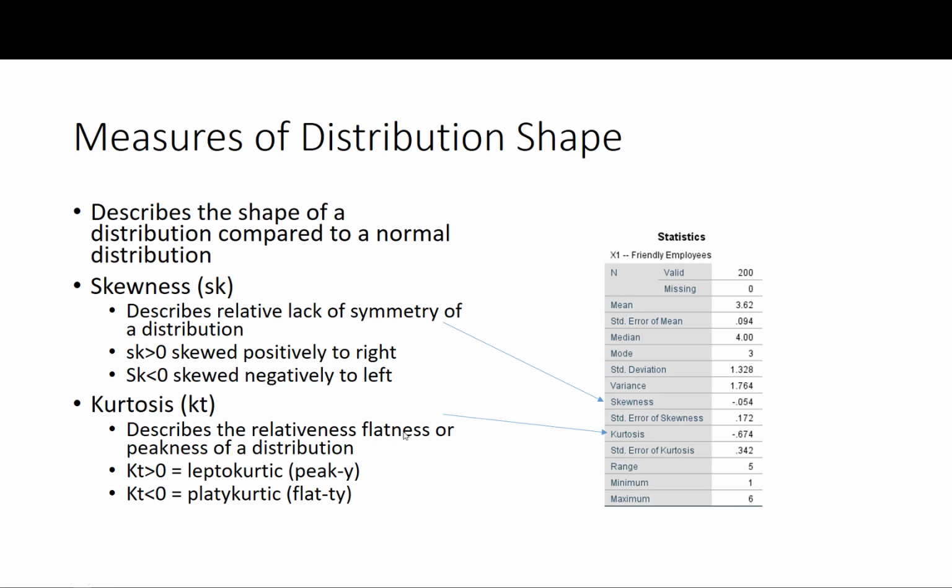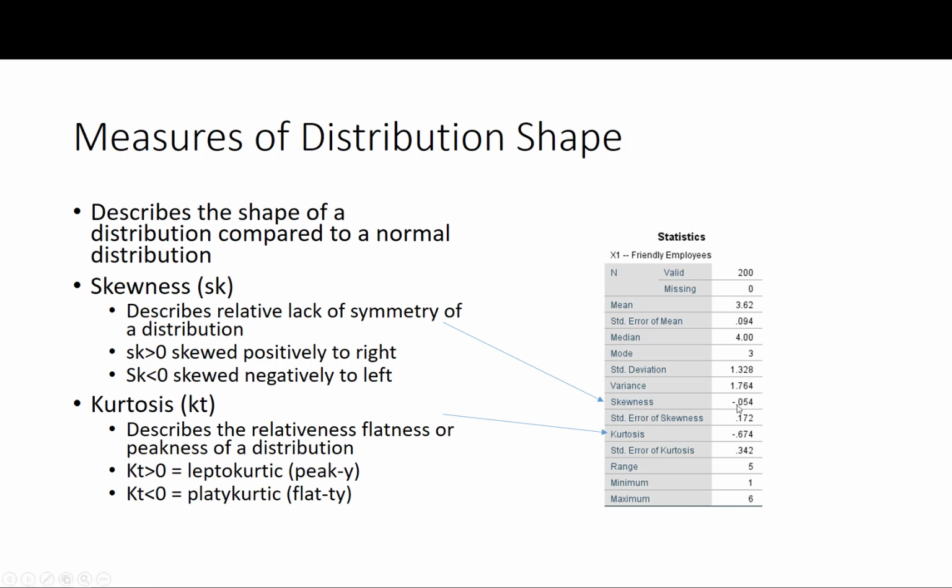Measures of distribution shape. So this is peakiness versus whether it's skewed one way or the other. Skewness is basically whether our peak is towards what a normal mean would be, or whether it's shifted towards the left or right of the mean.